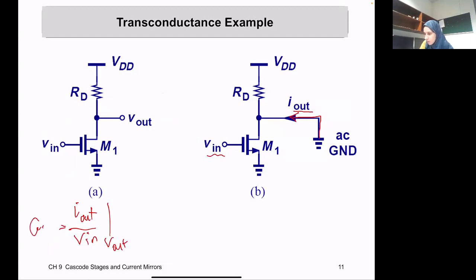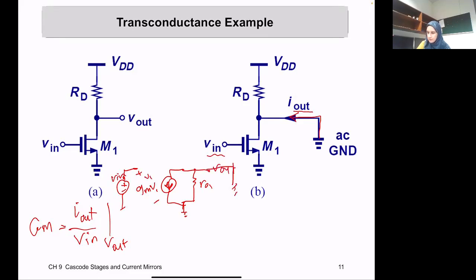Now, when I short this output, if we look at the small signal model, this is R out, and this is the source, GM times V1, and from here is Vn, this is V1, and this is V out. Okay, if I short V out, this means this is grounded, and the I out is in this direction. Since both sides of R out 1 are ground, no current is going to come in R out 1.